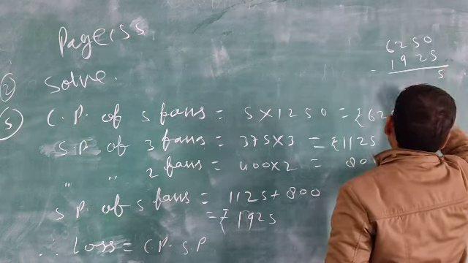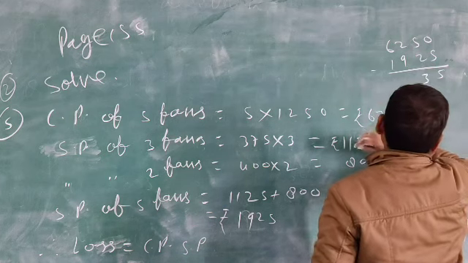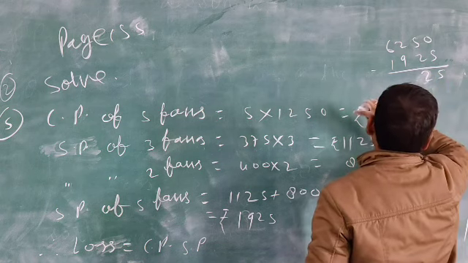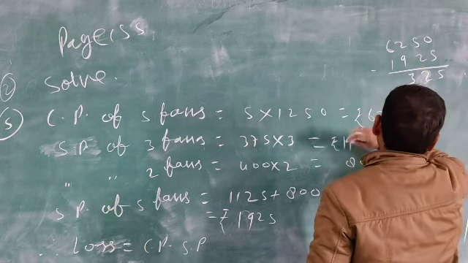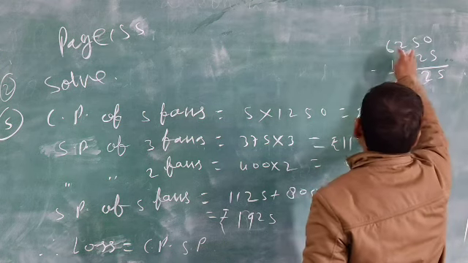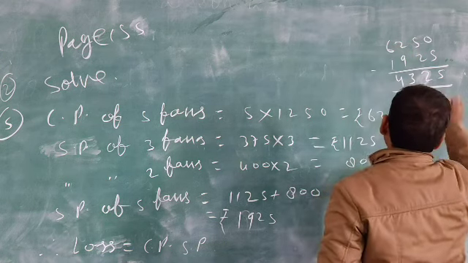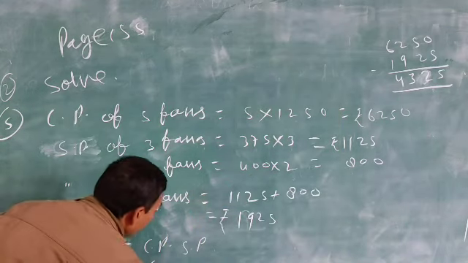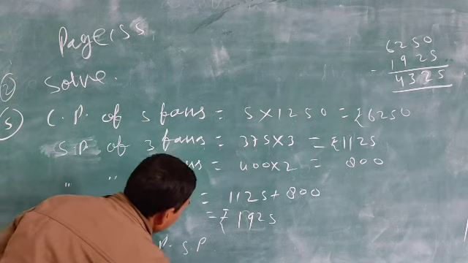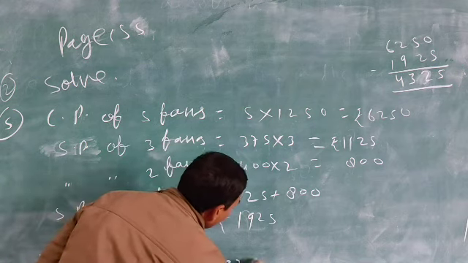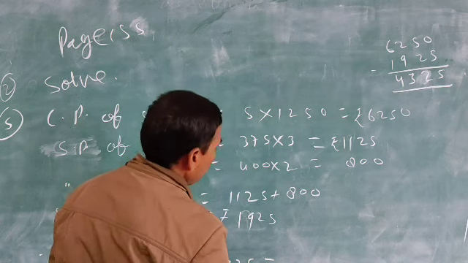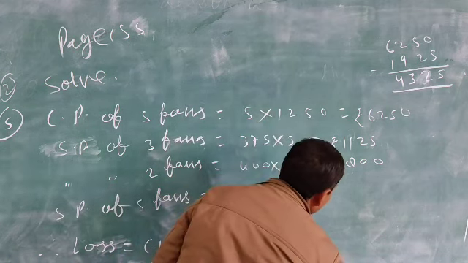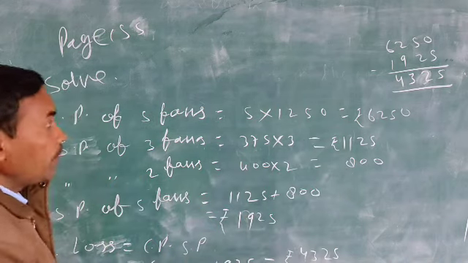So 10 minus 5 is 5, 5 minus 2 is 3, 4 minus 2 is 2, and then 12 minus 9 is 3, and here 5 minus 1 is 4. That is, 6250 minus 1925 will be 4325. This will be the answer.